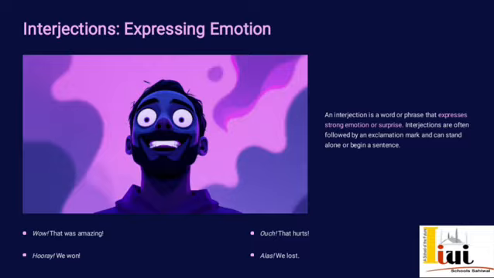They stand alone or at the start of the sentence and are not grammatically connected to the rest of the sentence. For example, wow. Wow is an interjection expressing surprise.